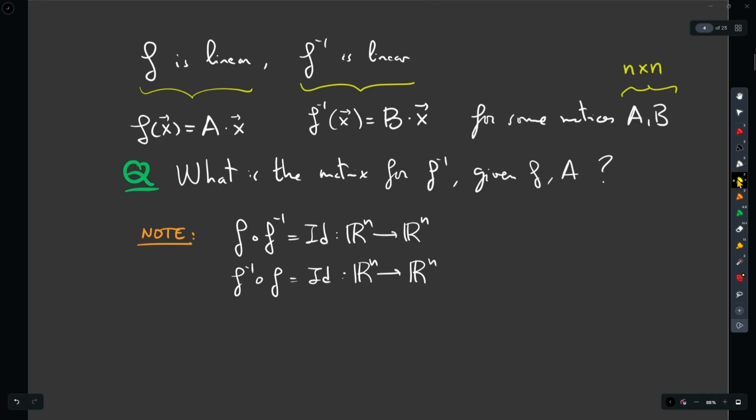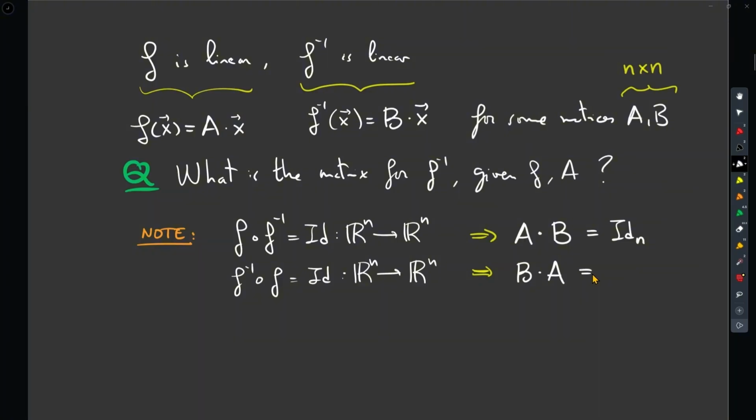So this tells me on one hand that the composition, A times B, has to be the matrix of the identity map, which is the n by n identity matrix. And if I compose F inverse and F, so if I multiply B times A, which would be the matrix of this transformation, that also has to be the n by n identity.